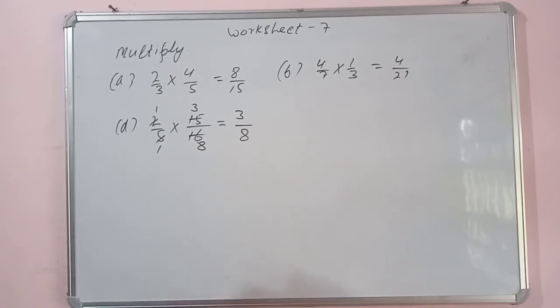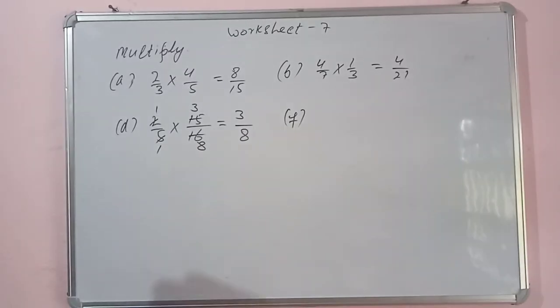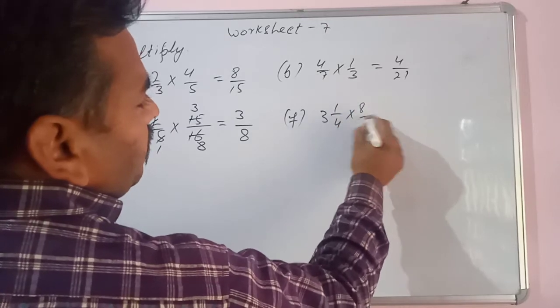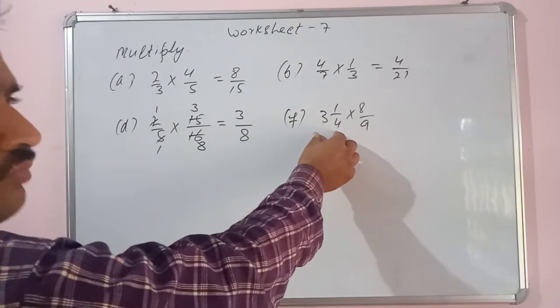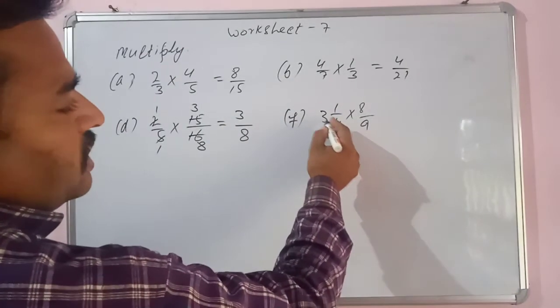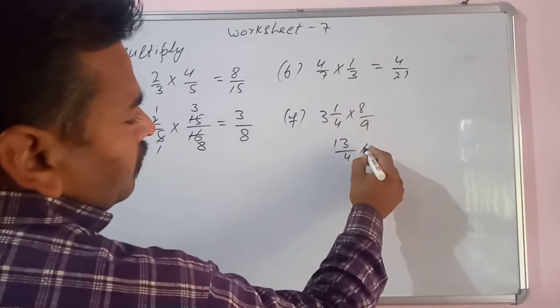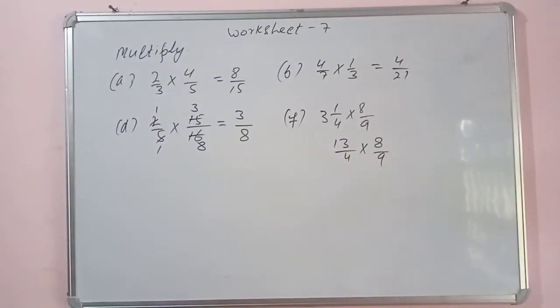And in the F part we have 3 and 1 by 4 multiply 8 by 9. Here the first fraction is given as a mixed fraction and the other is a proper fraction. So first of all we will convert the mixed fraction into an improper fraction. So it is 4 3s are 12, 12 plus 1, it is 13 by 4 multiply 8 by 9.